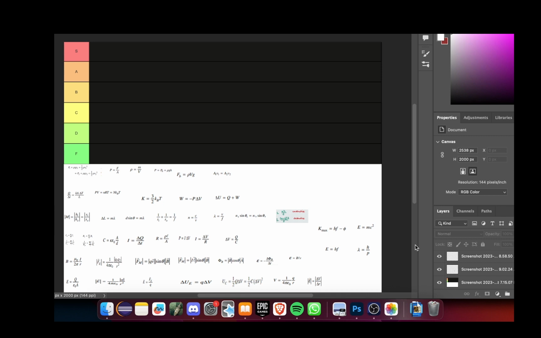Basically, we're going to be explaining a bunch of the equations found on the Physics 2 equation sheet. And just like our physics teacher, Mr. Restrepo, we're going to be using multiple diagrams to explain these concepts so that you know what's actually going on and not just how to use them.